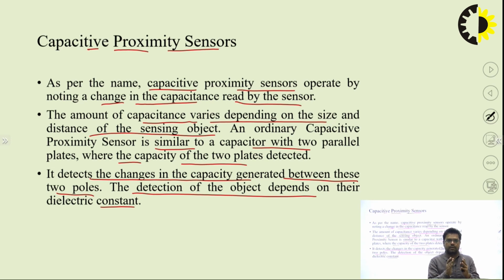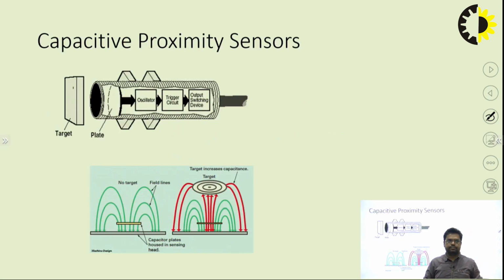Apart from air, if an object comes into that range, the capacitance will change, that is, the capacitance between the sensor and the object, whether a metal object or non-metal object. That change will be detected, and accordingly the sensing signal will be provided. This is the major role of the capacitive proximity sensor.